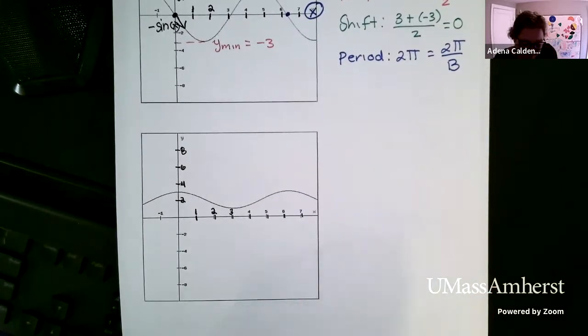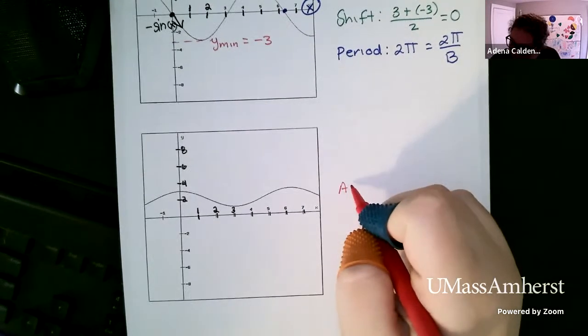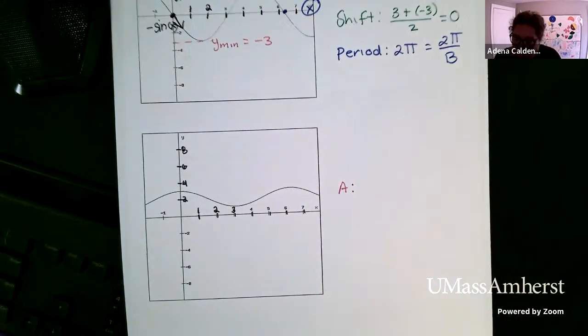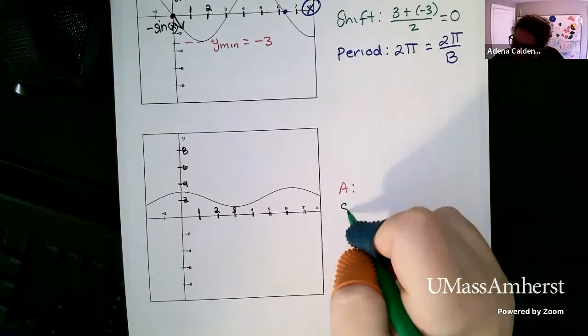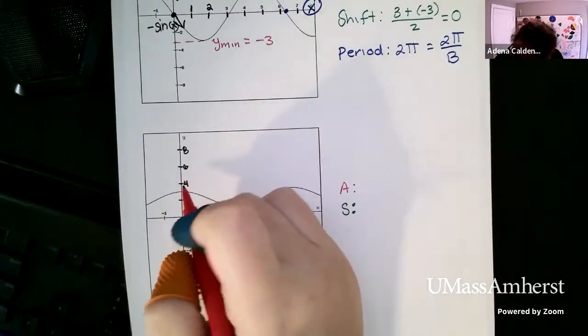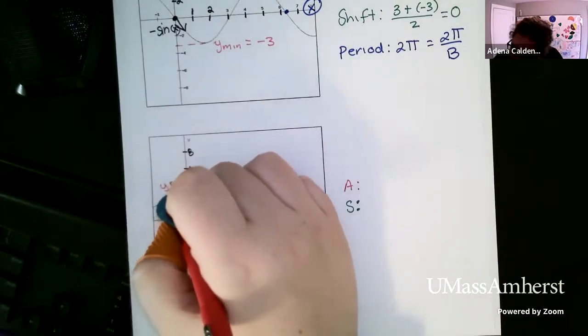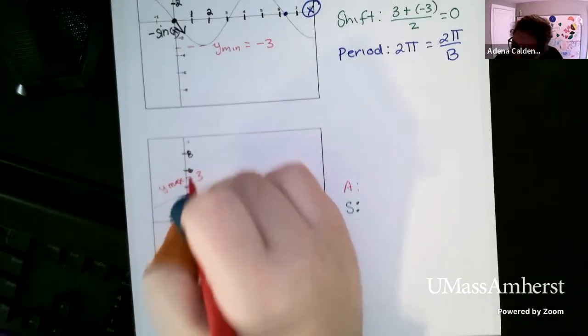So we're going to do something similar here. Again, you can do the pieces that we need in any order. I'm just going to do them in the order that makes sense to me. So I'm going to start with my amplitude and my shift. Okay, so I'm going to need the maximum and minimum y values here. So it looks like my y max is 3.